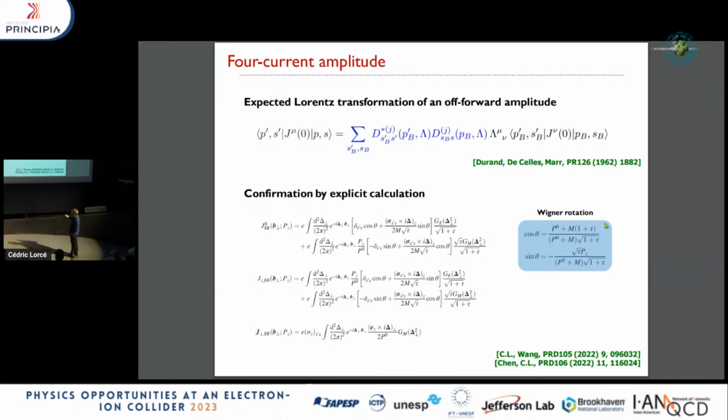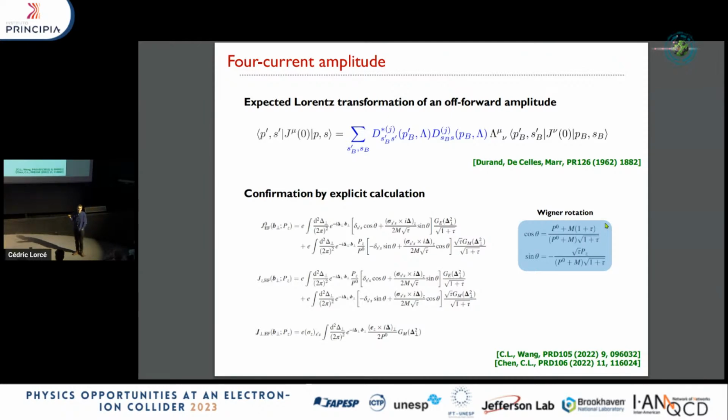And you have indeed something where you combine the zero and the third component, with Pz over P0. And then you have the spin rotation that essentially affects the spin density matrices here. So you have a rotation that's explicit here. And we can even determine the angle of rotation as a function of the momentum of the nucleon, which is given by this combination.